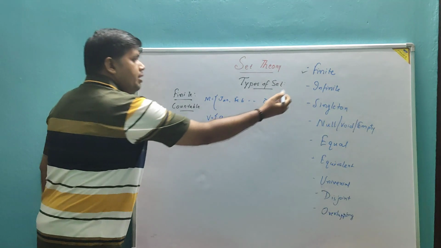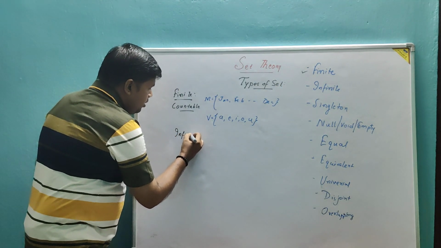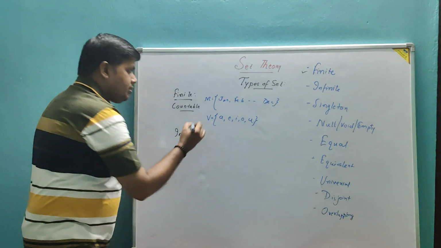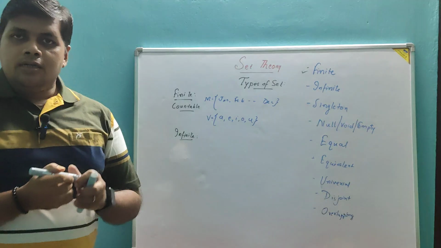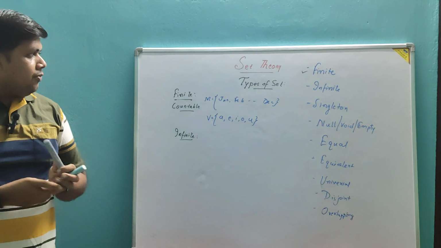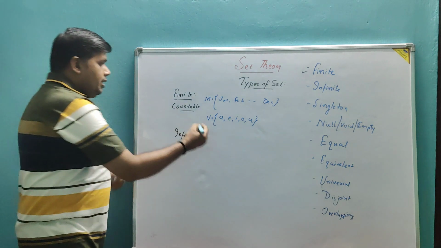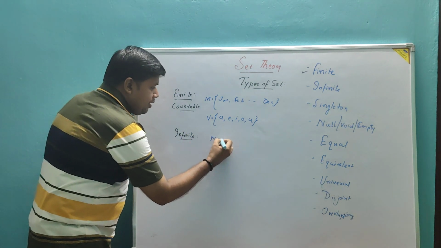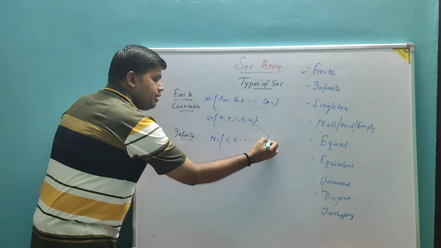Next is the infinite set. Infinite set is just the opposite of finite set. As in the case of a finite set, the total number of elements is countable. But in an infinite set, the total number of elements is not countable. Let's take an example of set N. N is a set of natural numbers starting from 1 going up to infinity.